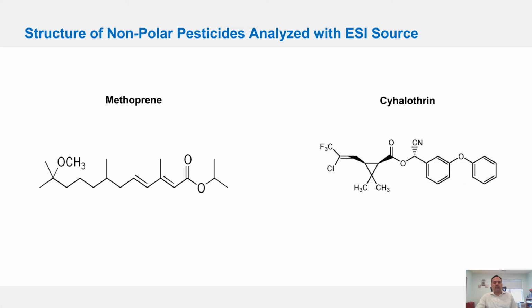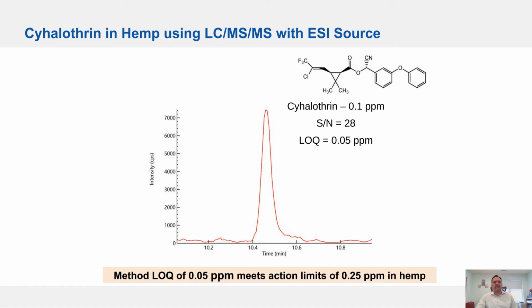The next slide shows the structure of non-polar pesticides such as methiocarb and cyhalothrin using our heated electrospray ion source in LC-MS system. So the next slide shows that we get excellent detection limits for cyhalothrin in hemp.